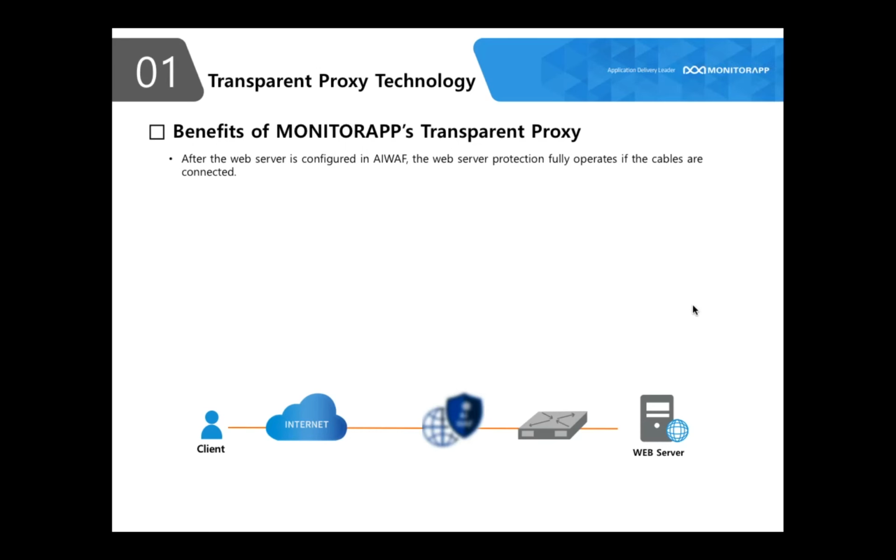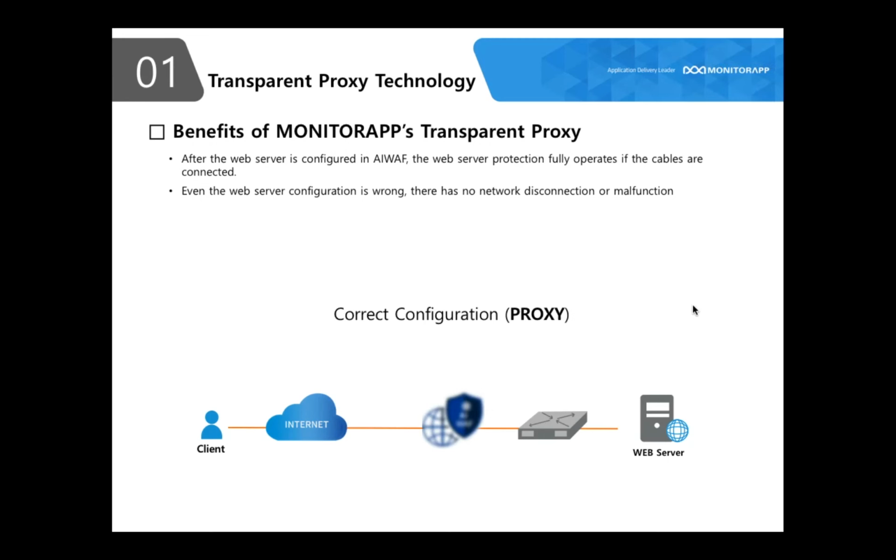If you configure only these three things and connect the cable, then that's all. After the cable is connected, the network is connected as a proxy. So even if the web server configuration is wrong, there is no network disconnection or malfunction.